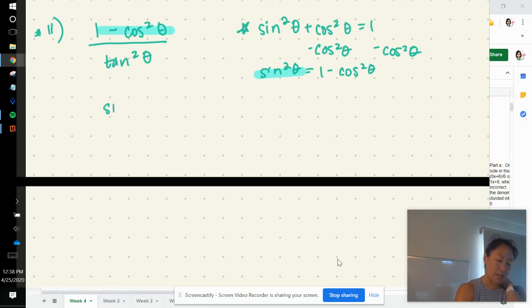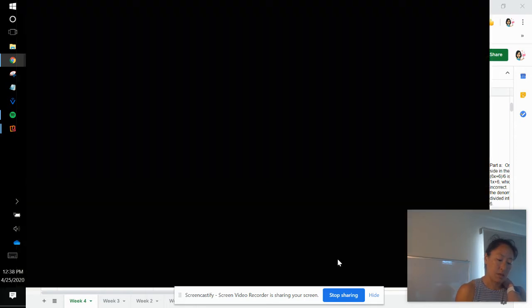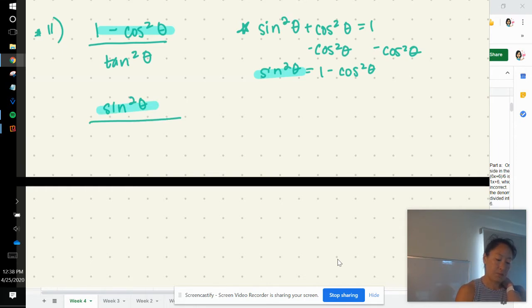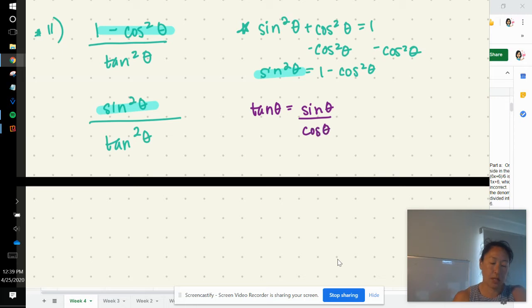So I get sine squared theta in the numerator over tangent squared theta. And then we can use our reciprocal rules. I know that tangent theta is equal to sine theta over cosine theta.